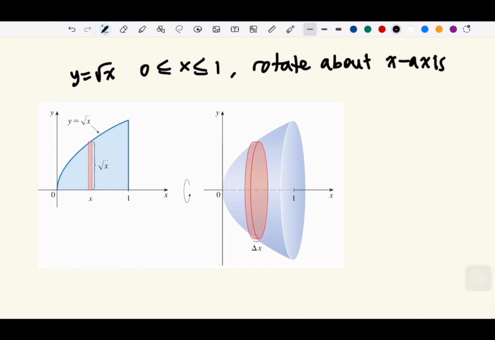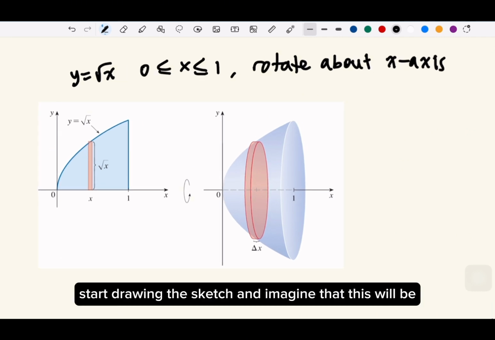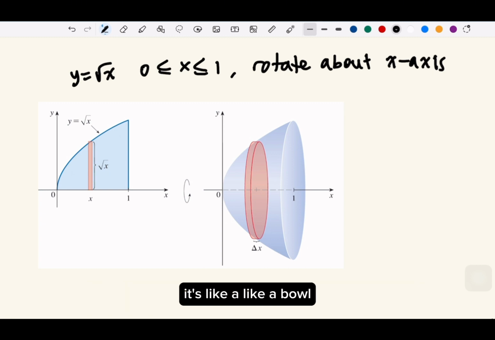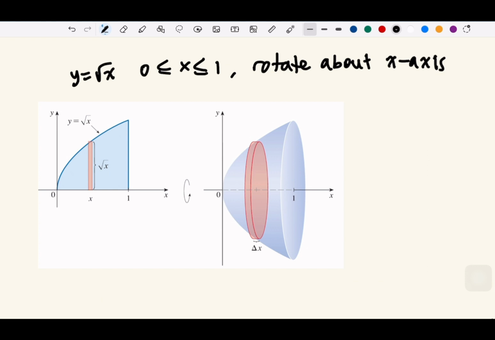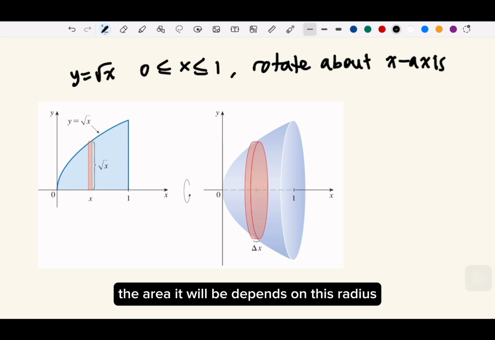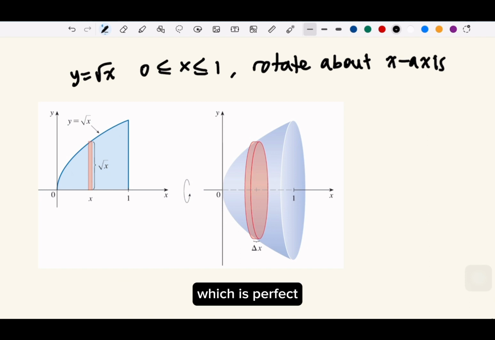As usual, we start drawing the sketch and imagine that this will be rotated through here. It's like a bowl, and you can see that we have this slice here, which has the delta x, and we have the area here. The area will depend on this radius, and what's this radius? The radius is y, which is square root of x.